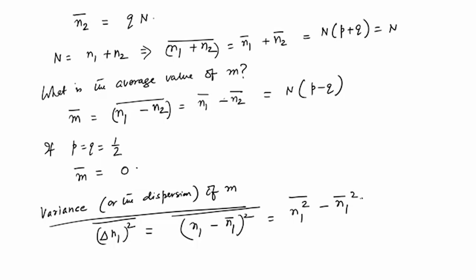This is the variance of n 1, and similarly the variance of n 2 or even m can be calculated in a similar fashion. And how do we get this? We already know this; we have to calculate this.